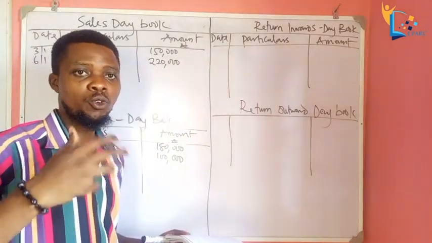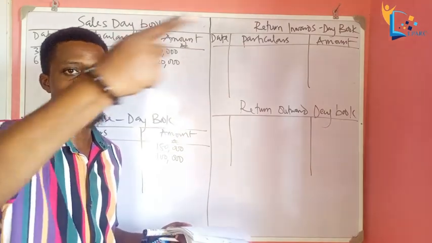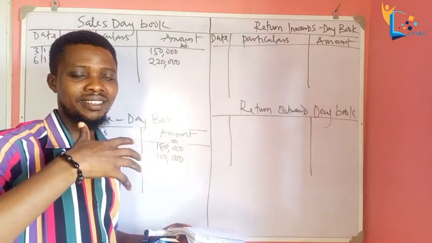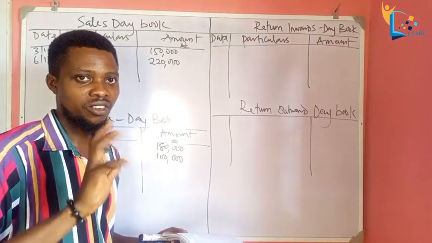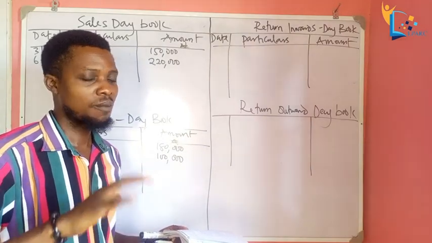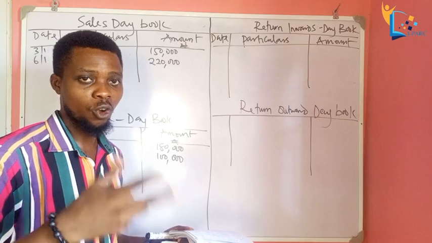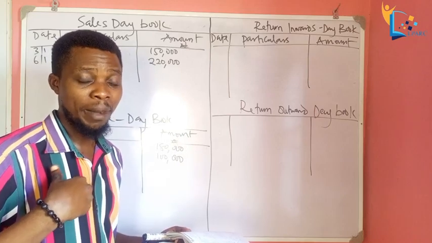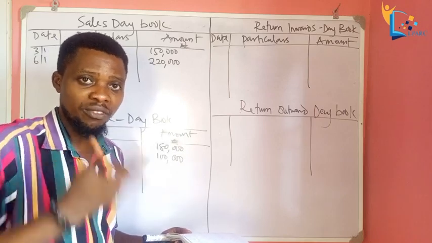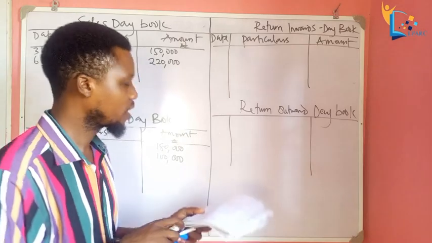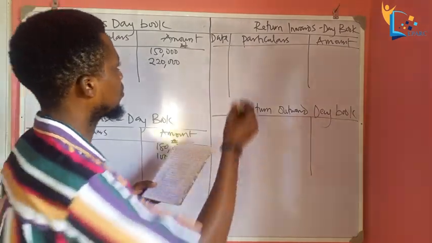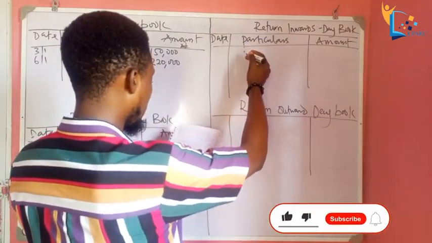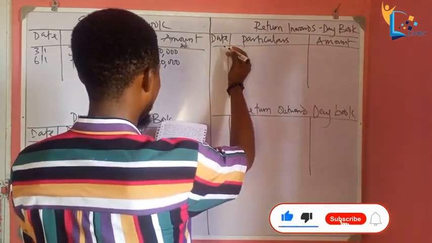But when you return goods to people you buy from, it's return outward. Get the difference. Return inwards, your customers that buy from you. Return outward, people you buy from, your suppliers. So we have goods returned by John, 17,000. That is return inwards. John is our customer. 11th.